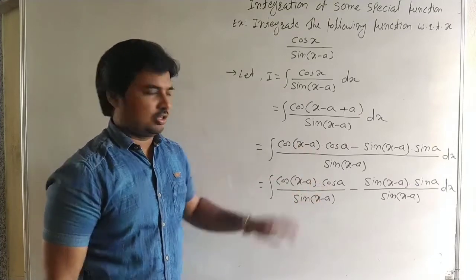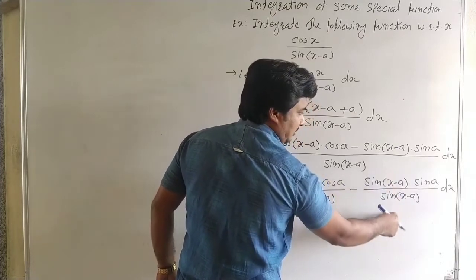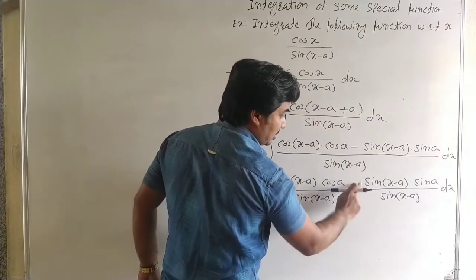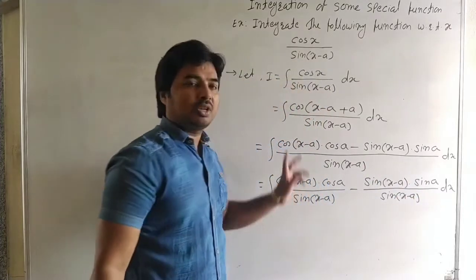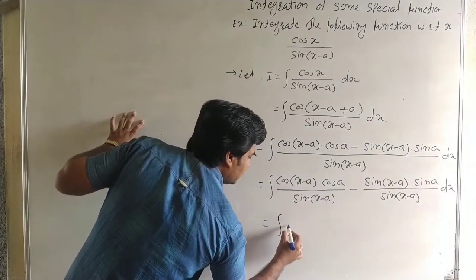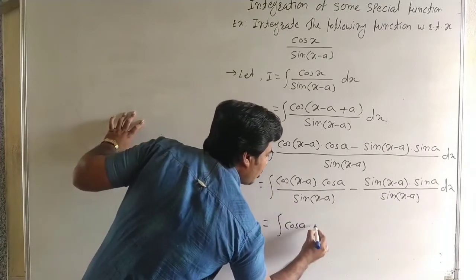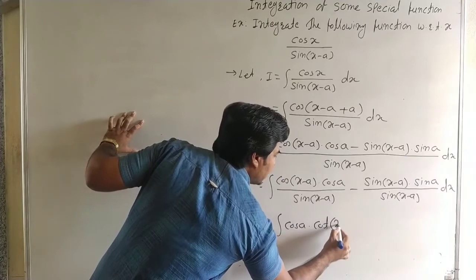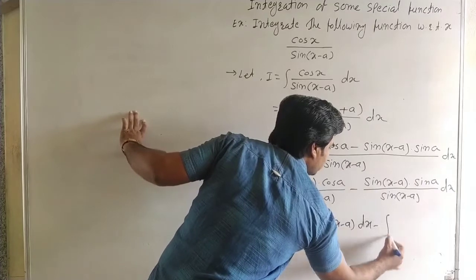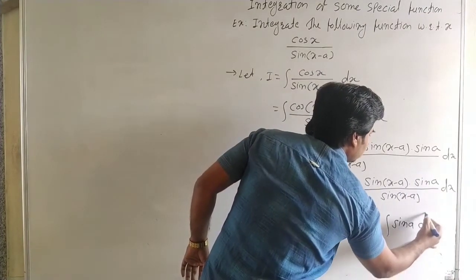And cos a is a constant. Here sin of x minus a and sin of x minus a are cancelled. Therefore cos a is a constant, we can write cos a into cot of x minus a. We can separate the integrals, dx minus, sin cancels, sin a is a constant, dx.